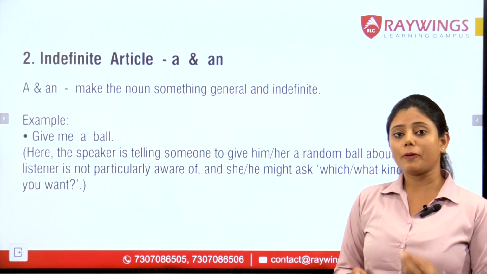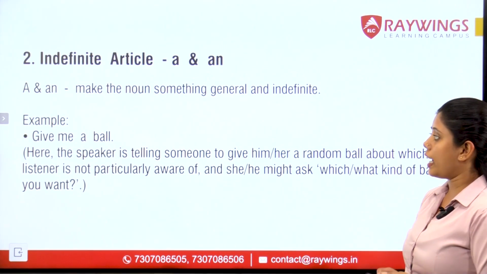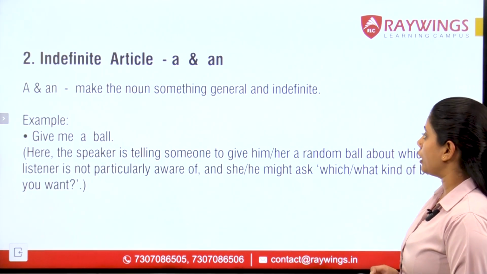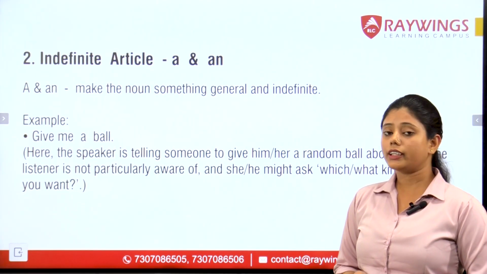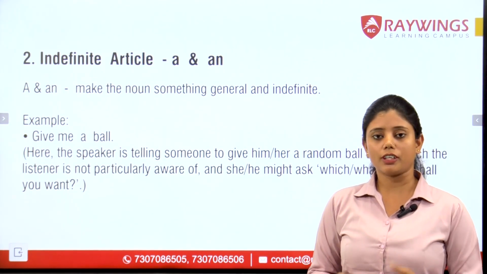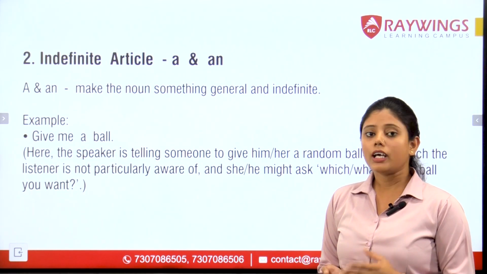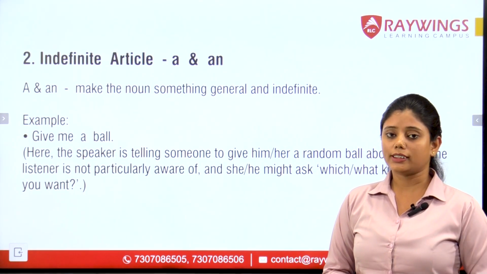Articles a and an make the noun general and indefinite. That means we do not have any previous information about that specific noun, so we can use the article a and an. Let us understand it using an example.